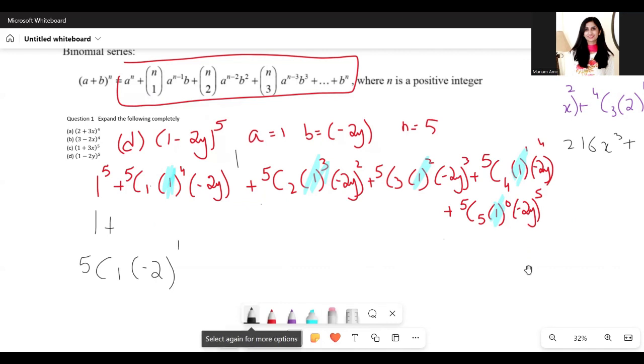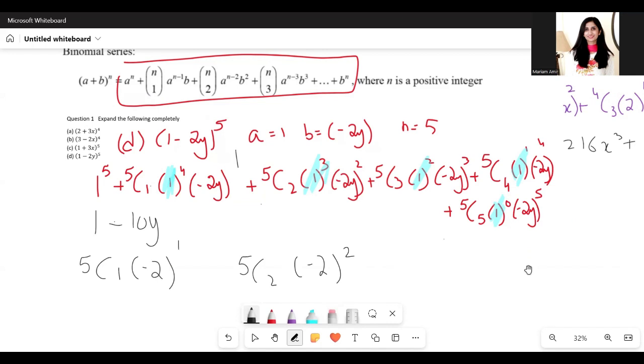Okay, and that gives negative 10. And there's a y in the question as well, so negative 10y. Then for the next one, it's 5c2 minus 2 whole square. That's going to give you a positive value.